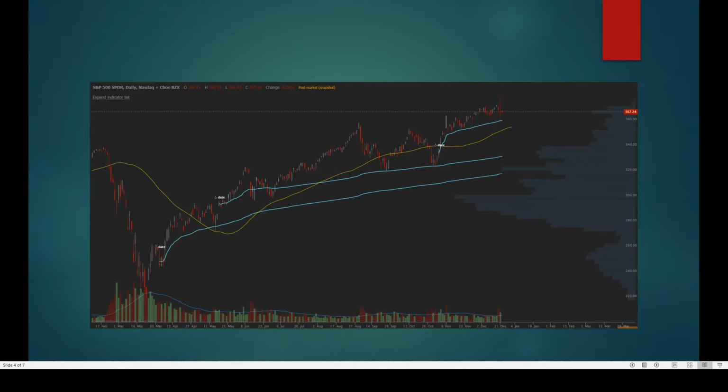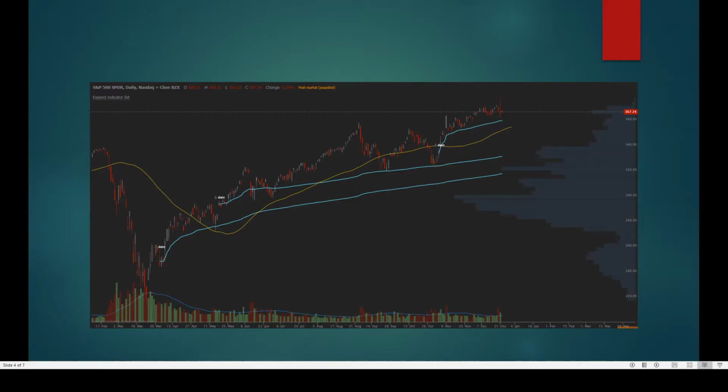Okay, here's an example of what my chart looks like. It's really simple. I use volume-weighted average prices. Those are those blue lines there. And that tells me what the average price paid is from any certain date.